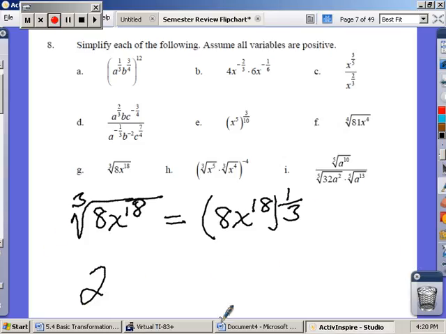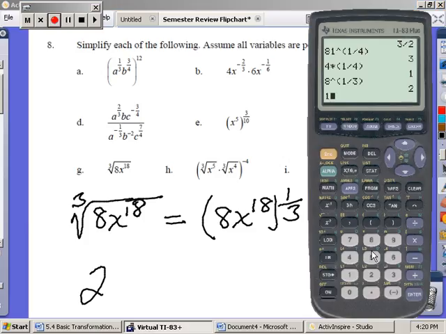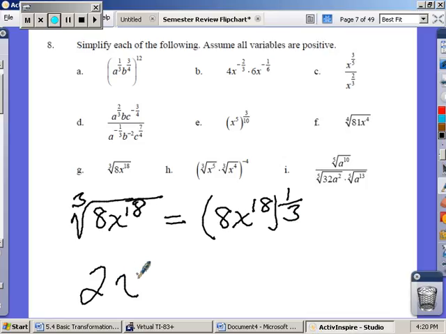Next, I multiply the exponents. 18 times parentheses 1 divided by 3, and you get the answer of 6. So the new exponent is x to the 6th. So 2x to the 6th.